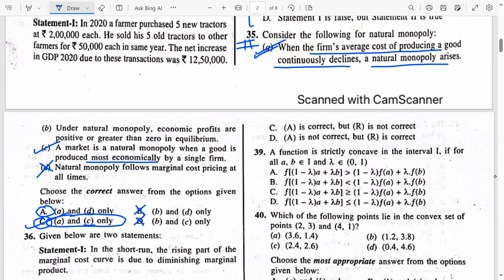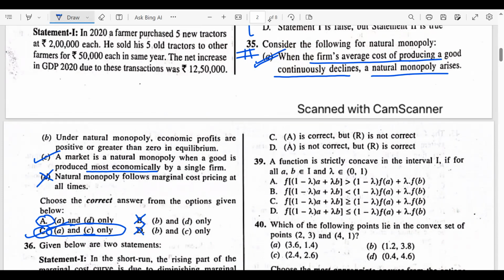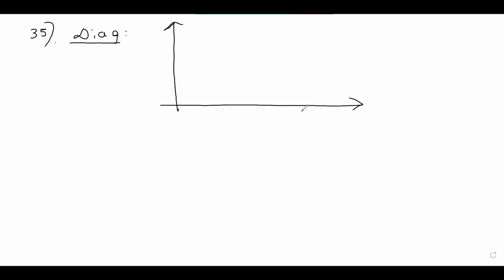So I am also coming to the whiteboard just to draw the diagram for natural monopoly for all students. So for problem number 35, look at the diagram I'm drawing for a natural monopoly. This is quantity, this is price.